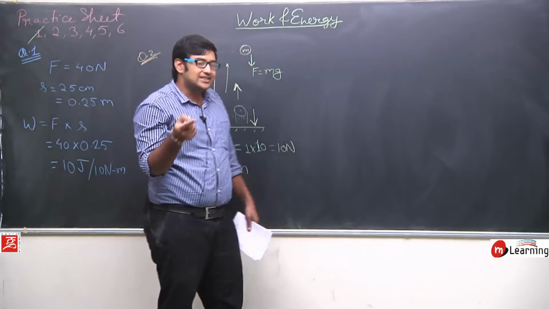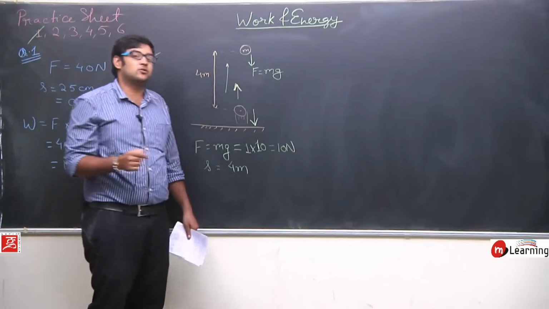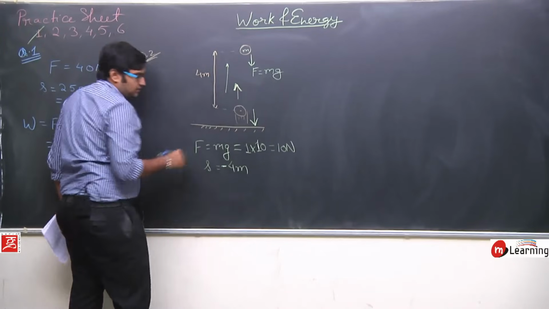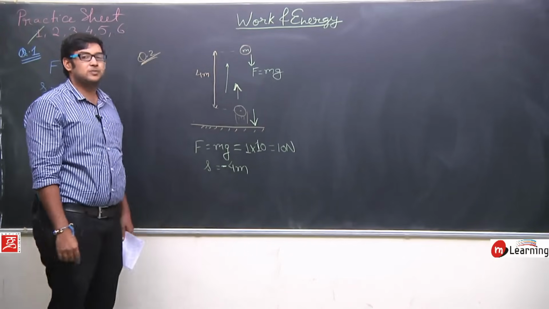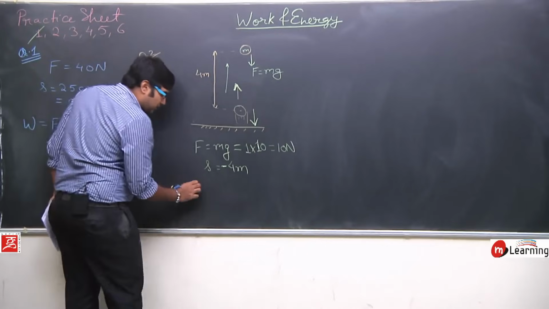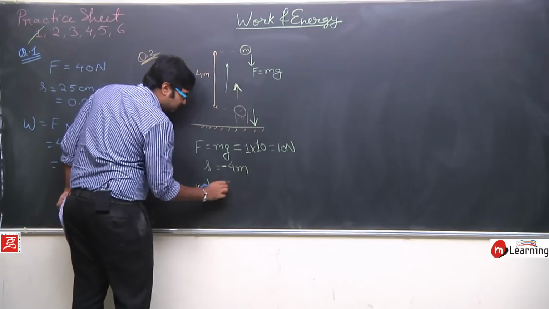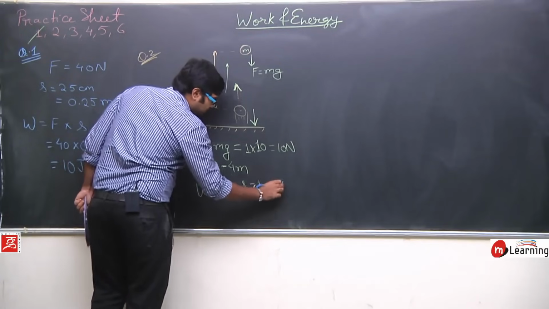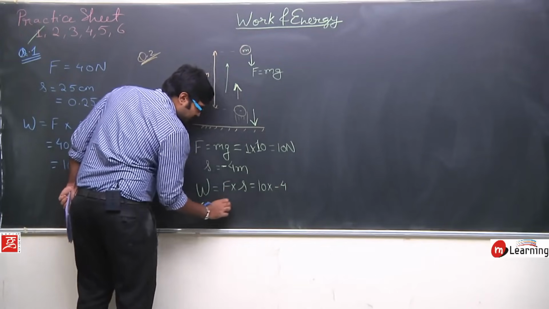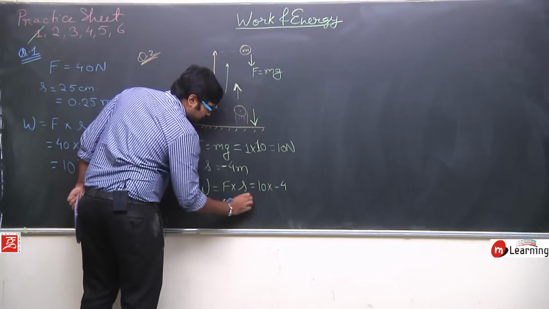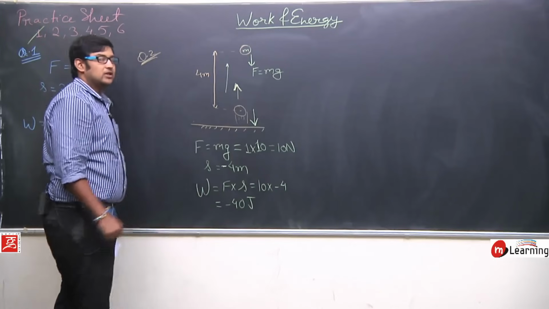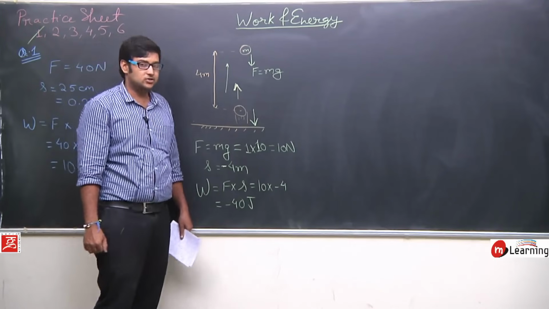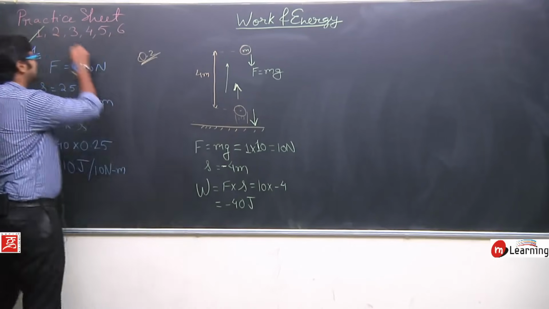No. It is exactly opposite to the direction of force, and that's why I will put a negative sign in front of displacement. Now we can calculate work done as force into displacement. This will give you 10 into minus 4, that is minus 40 joules. So the work done in this case will become minus 40 joules. So this completes the second question.